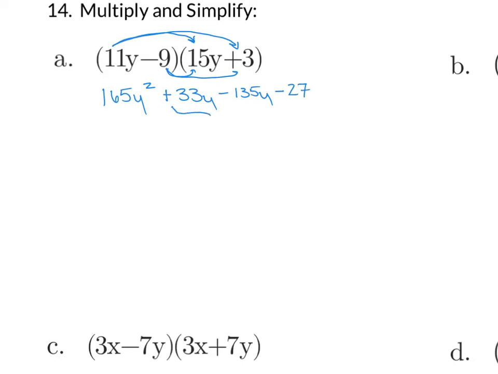We can then combine our like terms. We get 165y squared minus 102y minus 27.